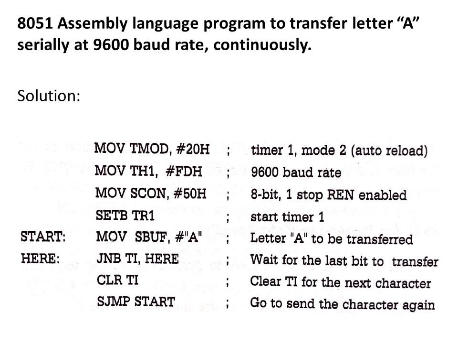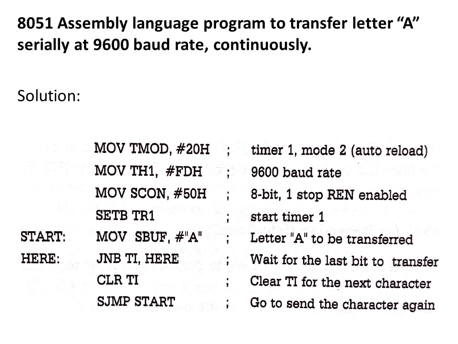If you load SCON with #50H, that is nothing but loading SCON with 01010000. So that means the SM1 bit will be 1 and SM0 is 0. So that means 01, the mode selected is mode 1, and the REN bit is also enabled, that is bit number 4, the receive enable control bit.